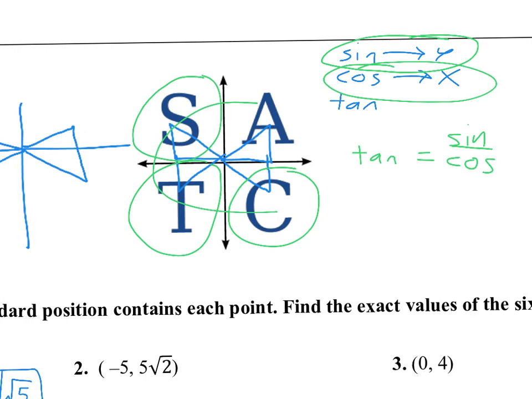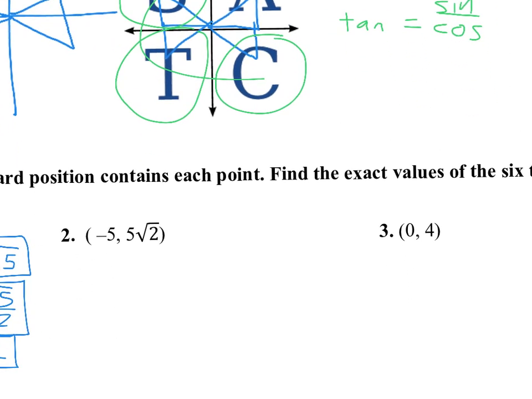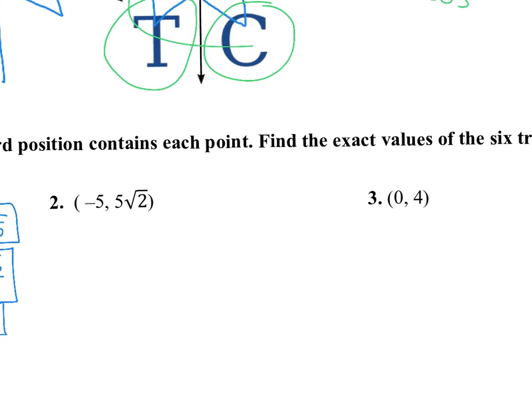Alright, so looking at number 2, the first thing that jumps out at me is both coordinates have a 5 in it. So instead of drawing the triangle first and then reducing, I'm actually going to reduce from the beginning. So I'm going to divide both of these by 5. That'll give me -1, comma, radical 2.